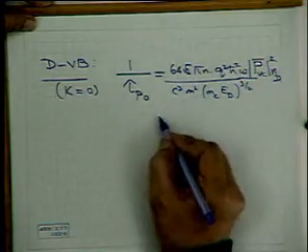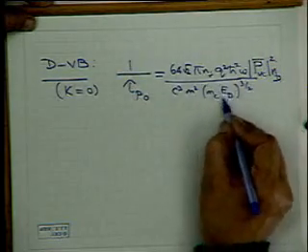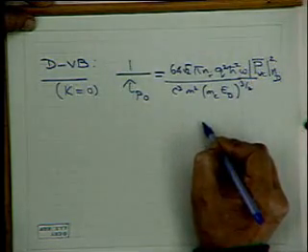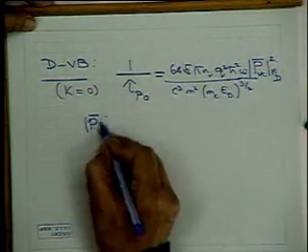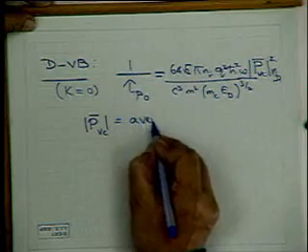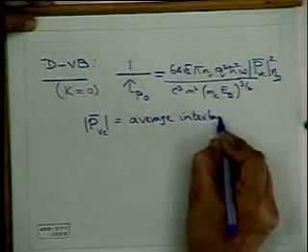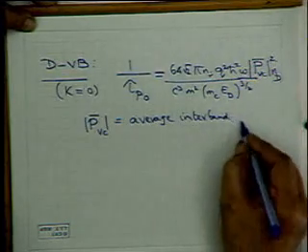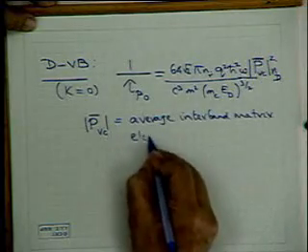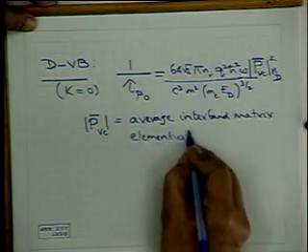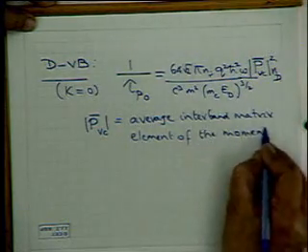Here, the material terms are n, the refractive index, omega is the frequency, ED is the donor ionization energy, and PVC is the average interband matrix element of the momentum operator.